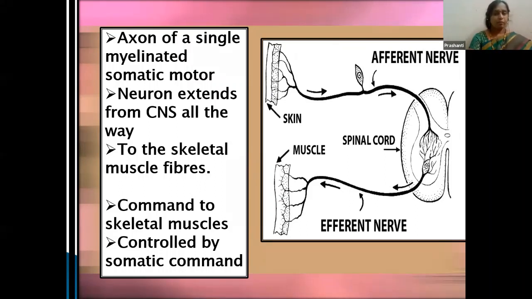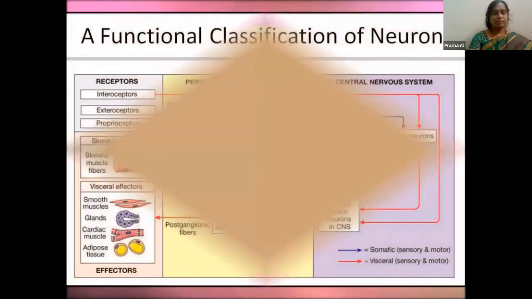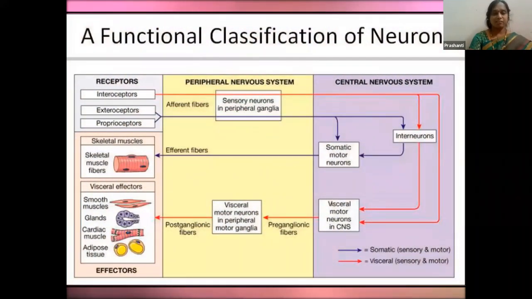And the neurons, as we have learned, are classified as sensory neurons, motor neurons and interneurons. Sensory neurons carry sensory information. Motor neurons carry the information for our movement. Interneurons connect both the sensory and the motor neurons.